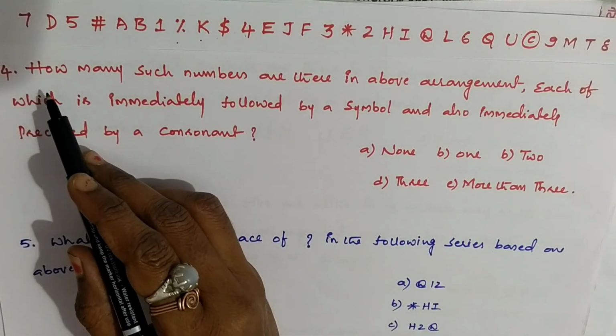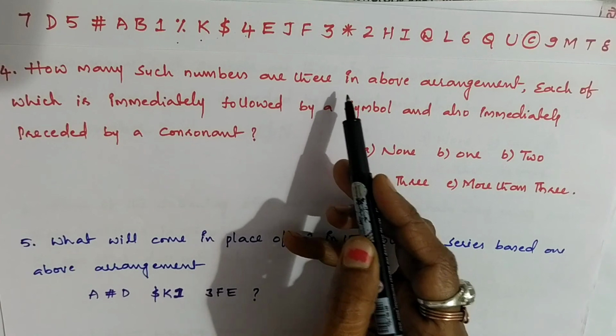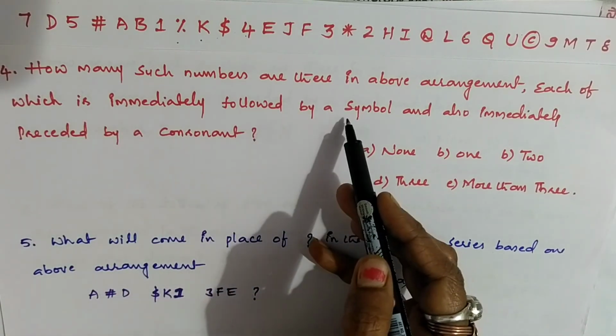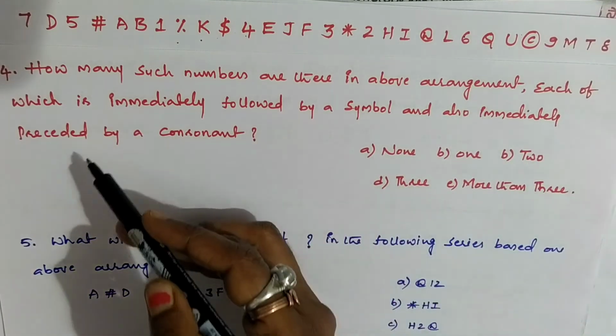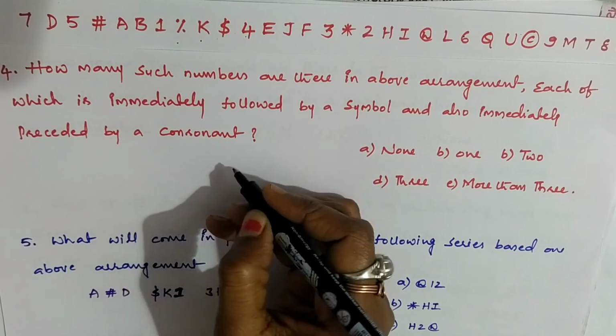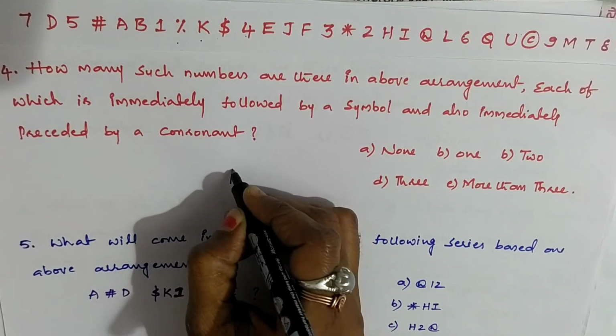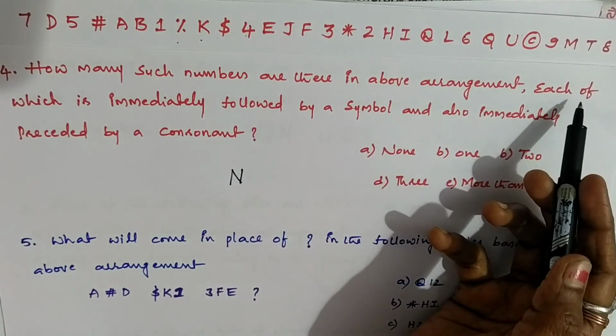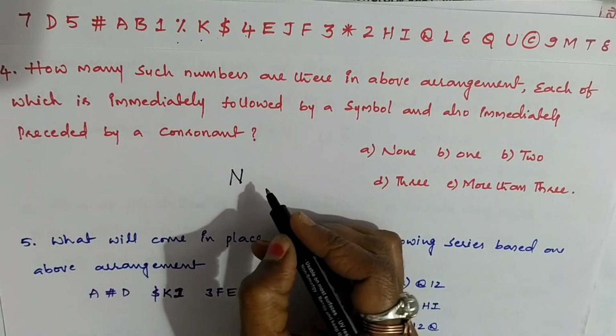Okay. Next question. How many such numbers are there in the above arrangement, each of which is immediately followed by a symbol and also immediately preceded by a consonant? First condition is how many numbers are there. Concentrate on numbers, each of which is immediately followed by a symbol.